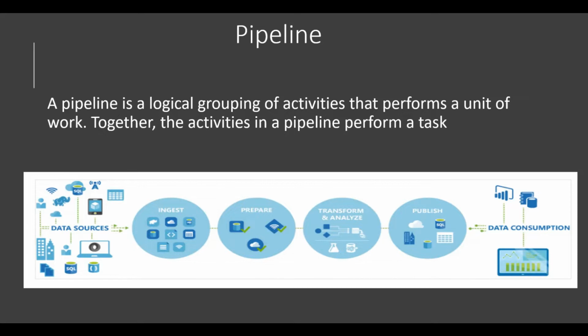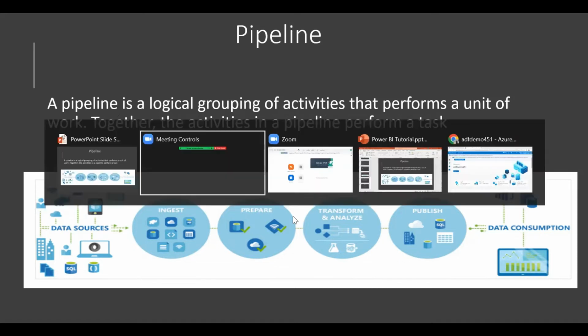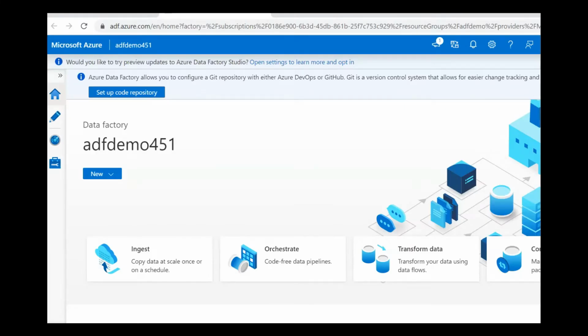Now let's try to understand in Azure portal how we create pipeline. Once you create the Azure Data Factory, then when you click the Azure Data Factory name, you will see this page.